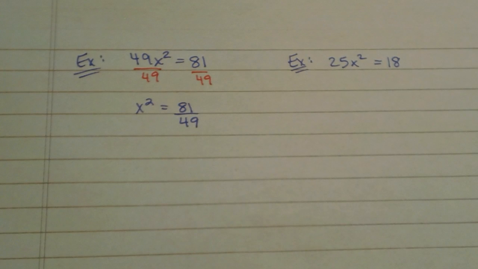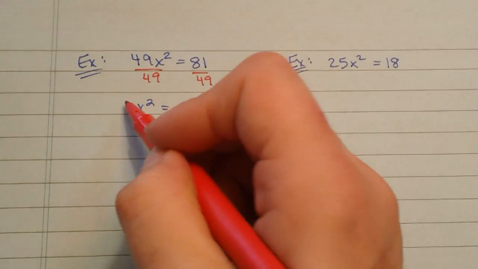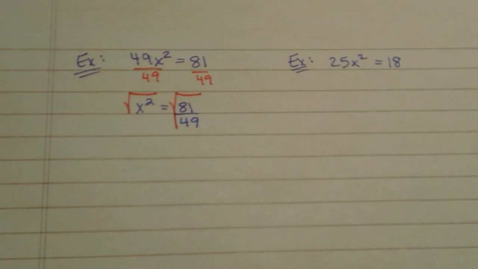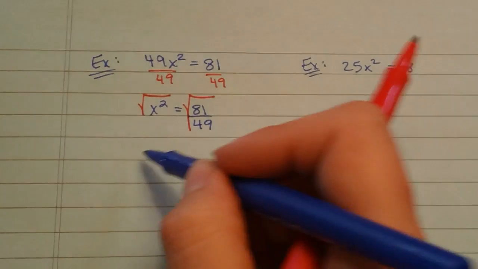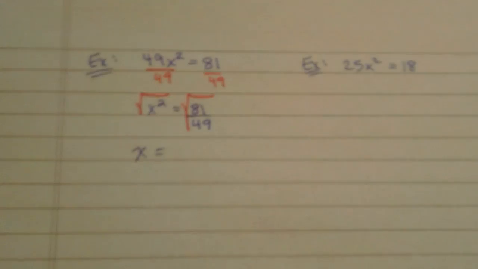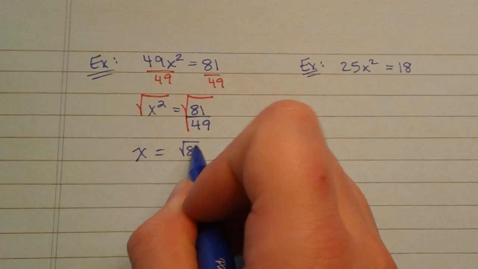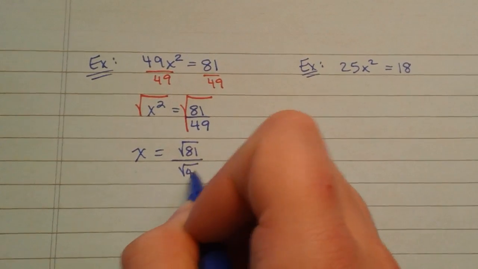Now that the squared thing is isolated, I can go ahead and take the square root of both sides. The square root of x squared is easy, that's just x. But the square root of 81 over 49 can be a little bit funny looking, but you can think of it as the square root of 81 over the square root of 49.